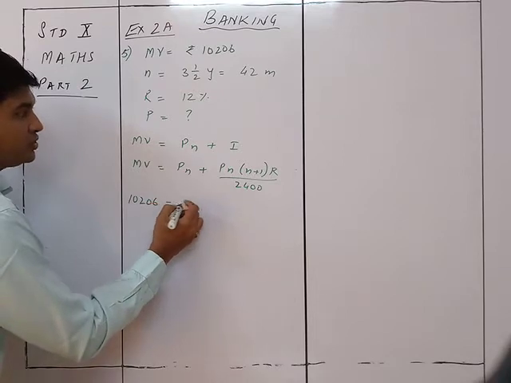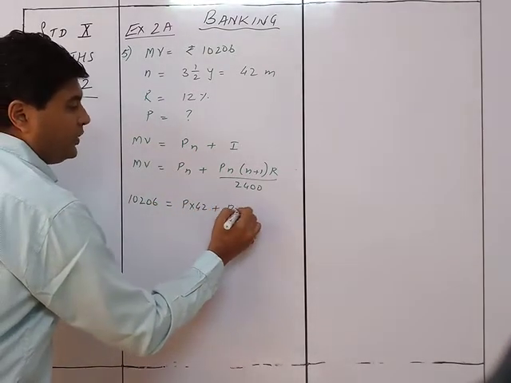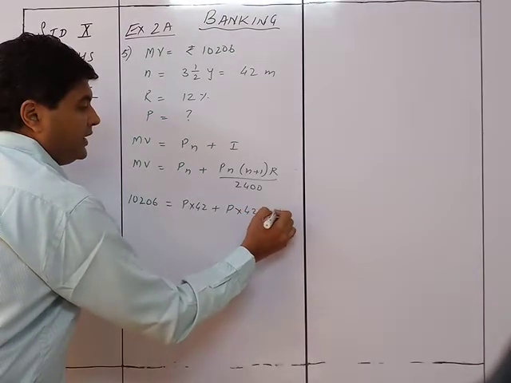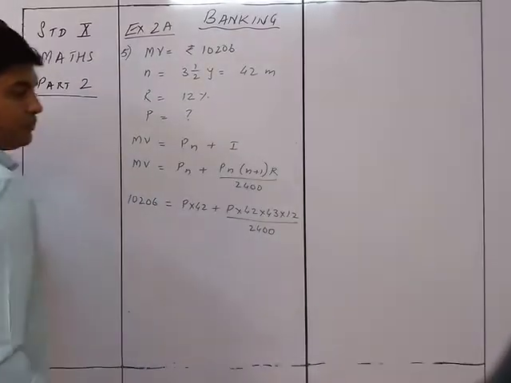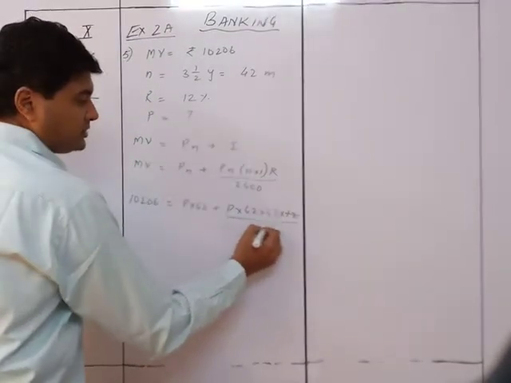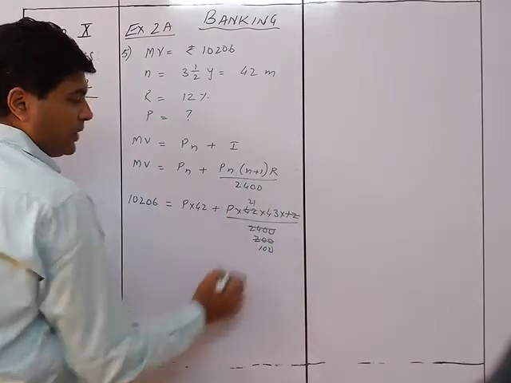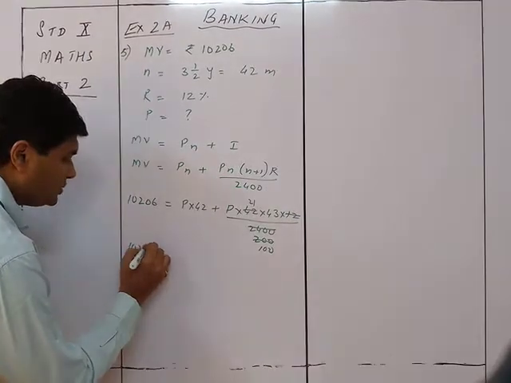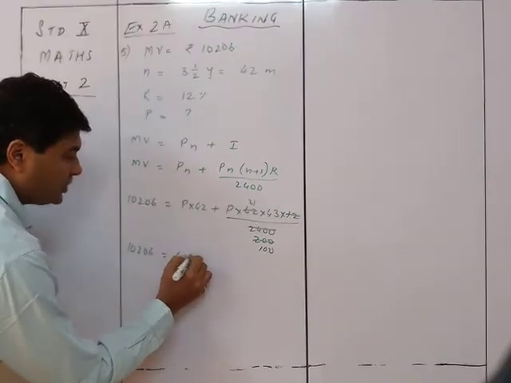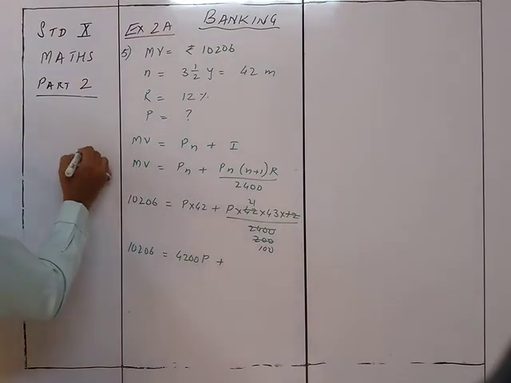So 10206 is equal to P into 42 plus P into 42 into 43 into 12 upon 2400. So this becomes 200, then becomes 100, and this is 21. So accordingly, this will become 10206 is equal to 42P plus P into 43 into 21 upon 100.